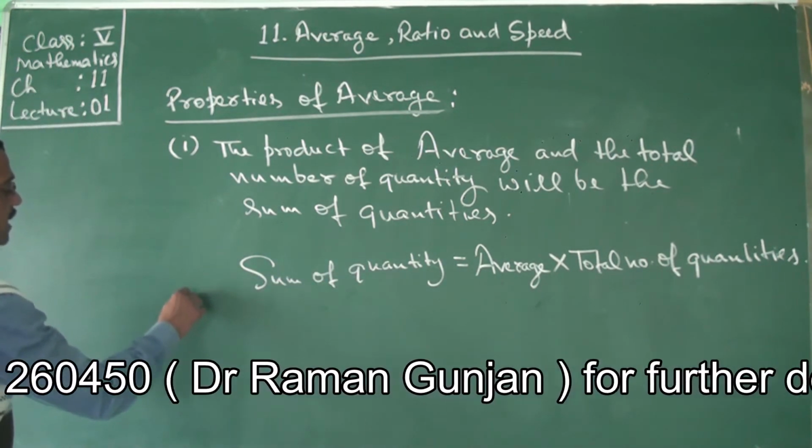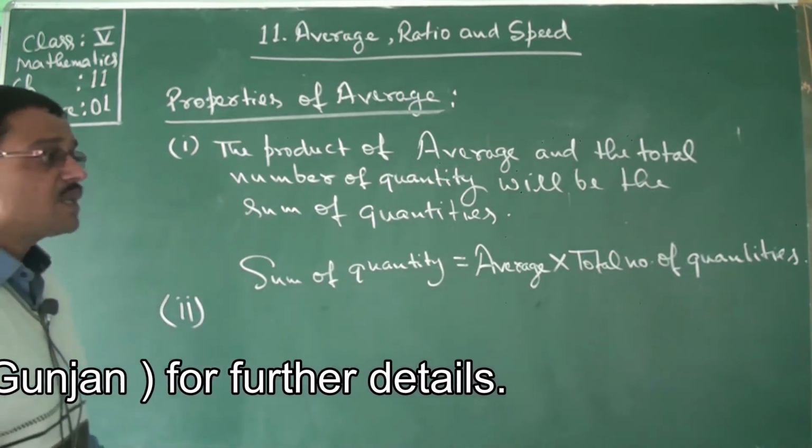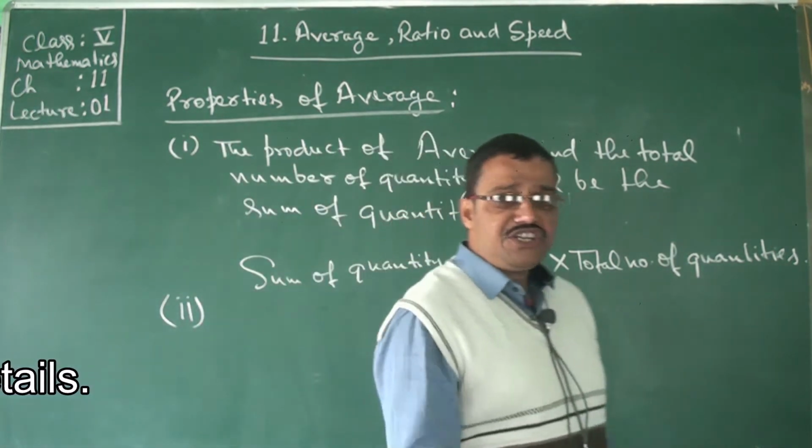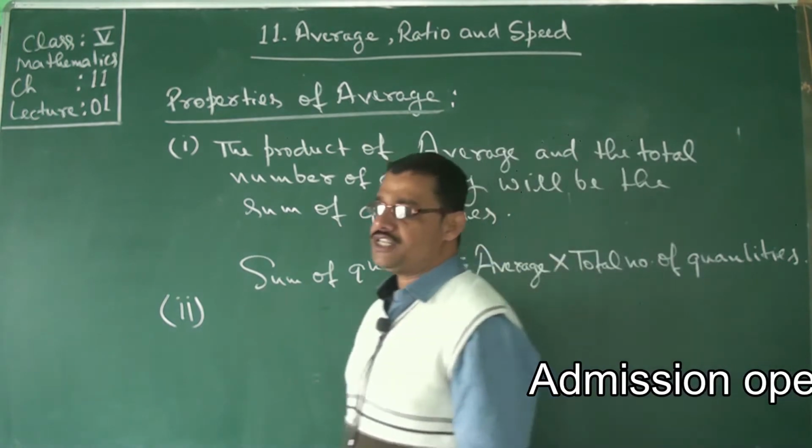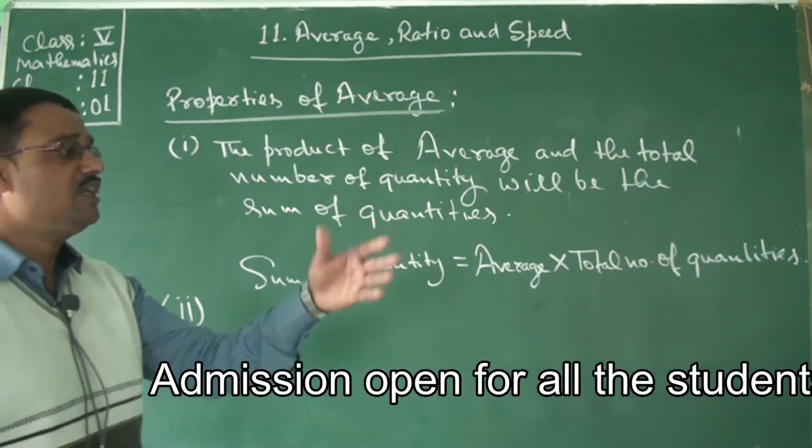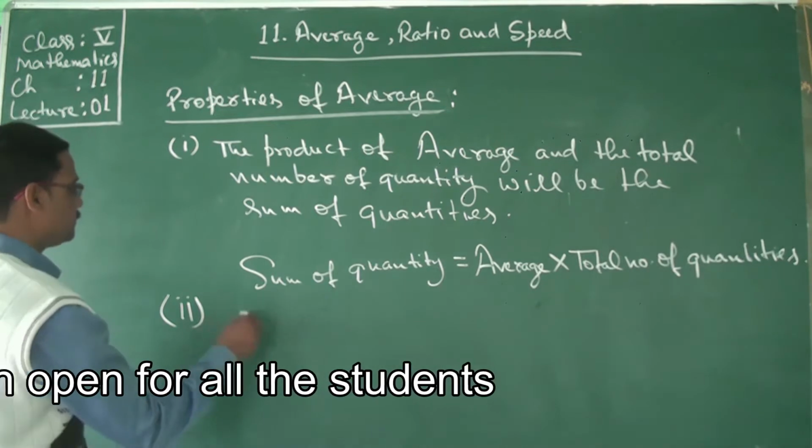Come to the second property: if an equal quantity is added to all the quantities, then the average also will increase by that quantity.